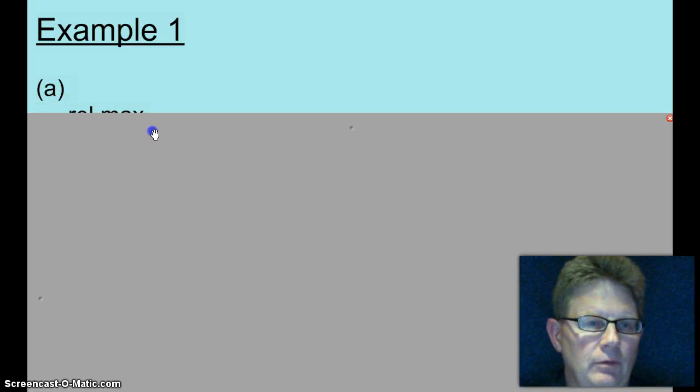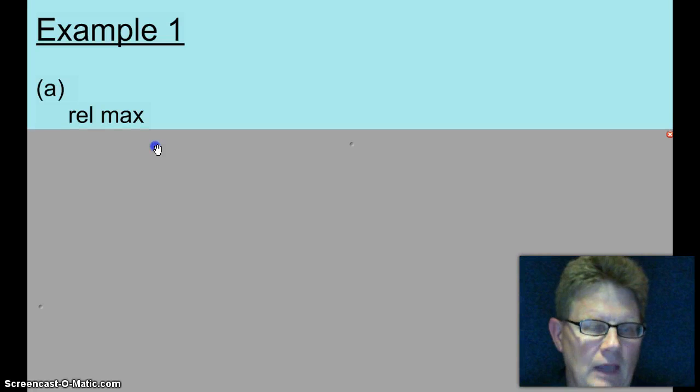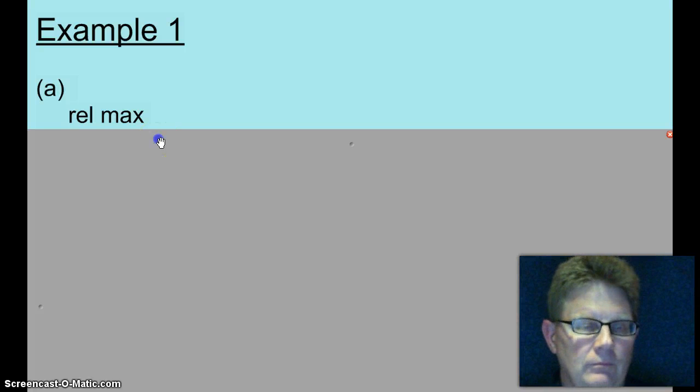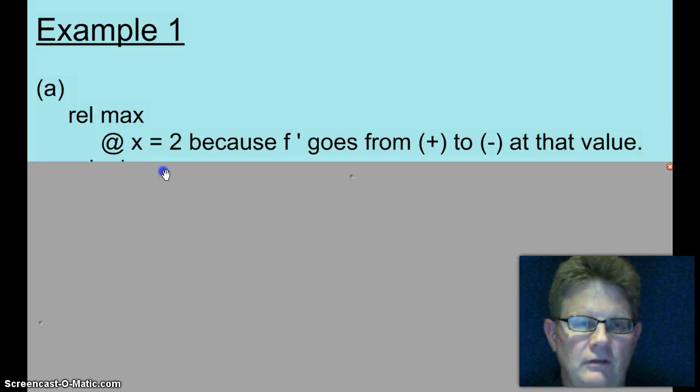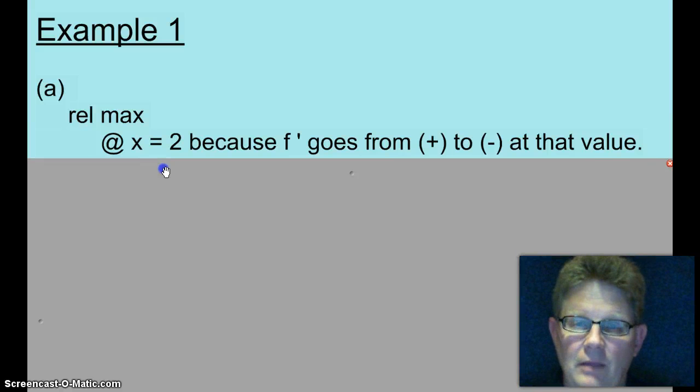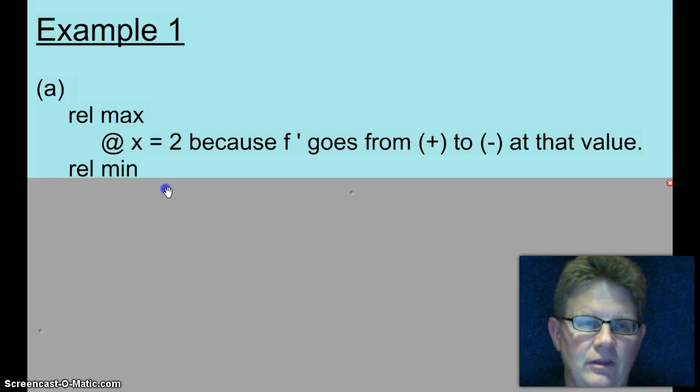Alright, A. Where are there going to be relative mins and relative max? Let's look at the relative max first. Relative max is going to happen where F prime goes from positive to negative. So there's a relative max at 2 because F prime goes from positive to negative at that value.